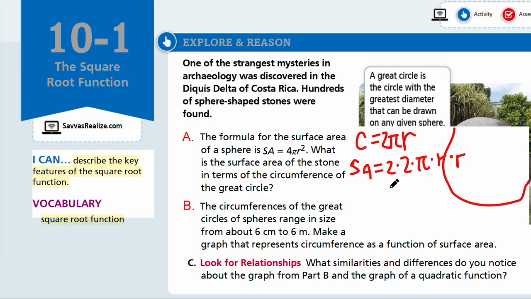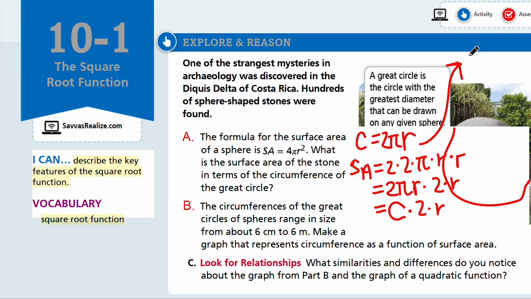So we can rearrange so that it's 2 pi r here, then we have times 2 times r, right? And then that means 2 pi r is c, so then we can substitute that, but we don't want to use r. So we have to change that. So then we're going to change this circumference equation to solve for r so that we can write this surface area equation in terms of c, circumference.